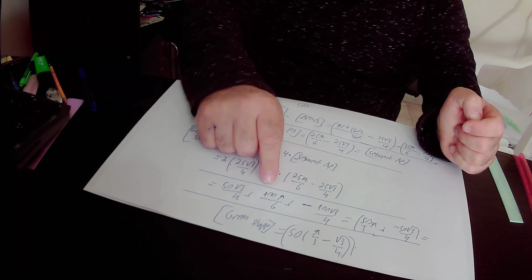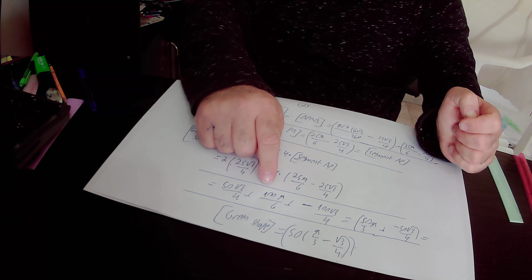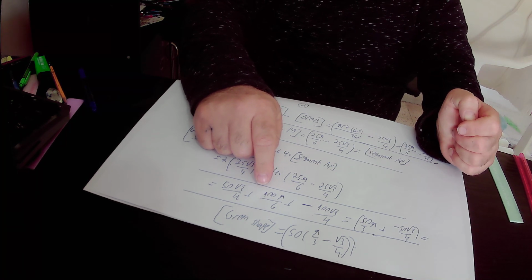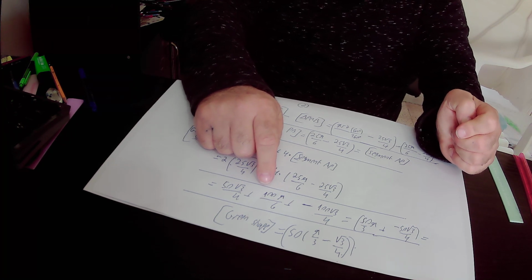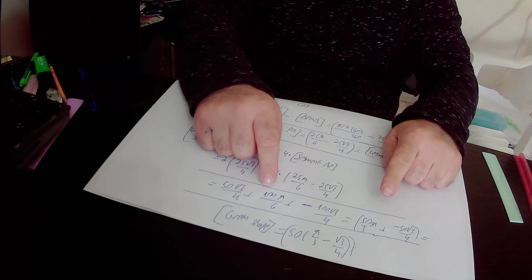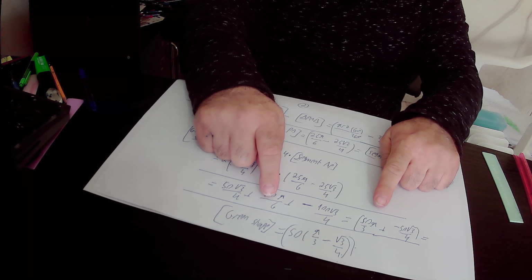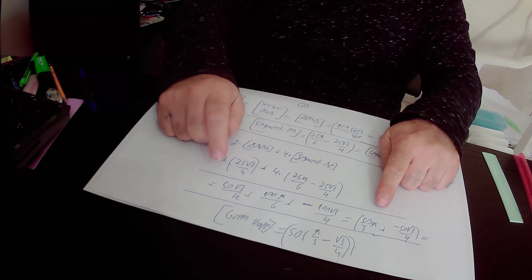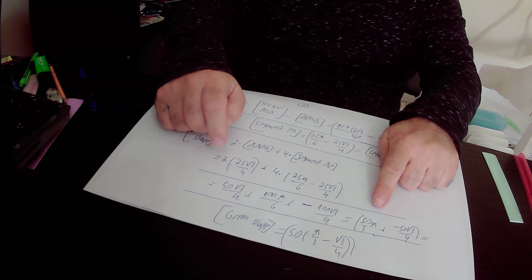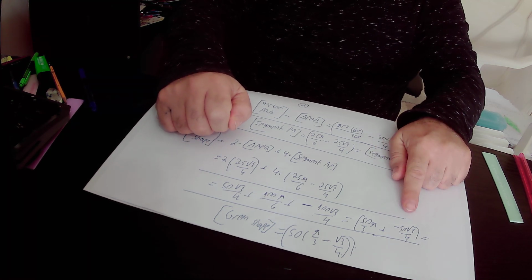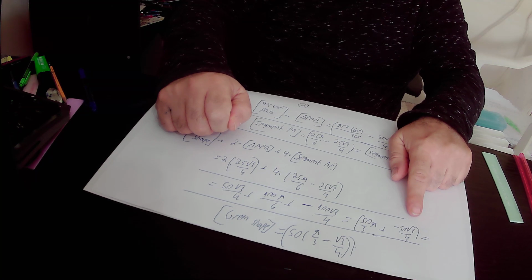And for the expression 100 pi over 6, we divided both the numerator and the denominator by 2, and got that 100 over 2 is 50, and 6 over 2 is 3. So the area of the green shape equals 50 pi over 3 minus 50 times square root of 3 over 4.